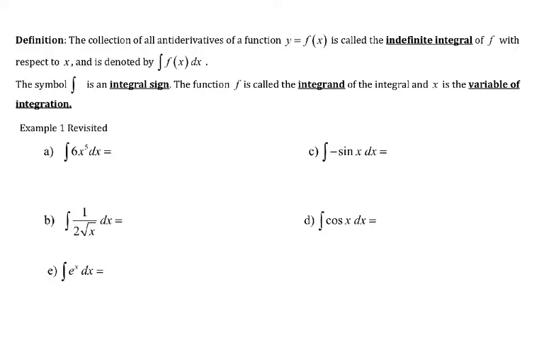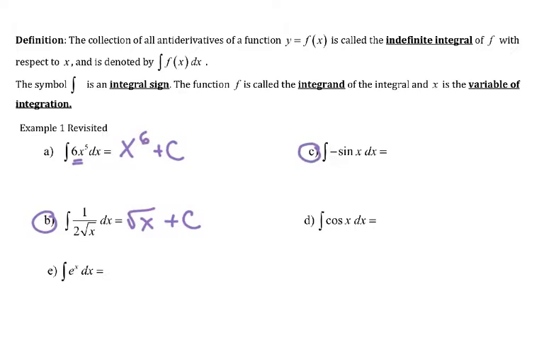Okay, so these are the same problems as in example 1, only now I've used the notation to tell you what to do. This just says find the most general antiderivative of this, the integrand. And we know that this is x to the 6th plus c. Here, for b, we just have square root of x plus c.